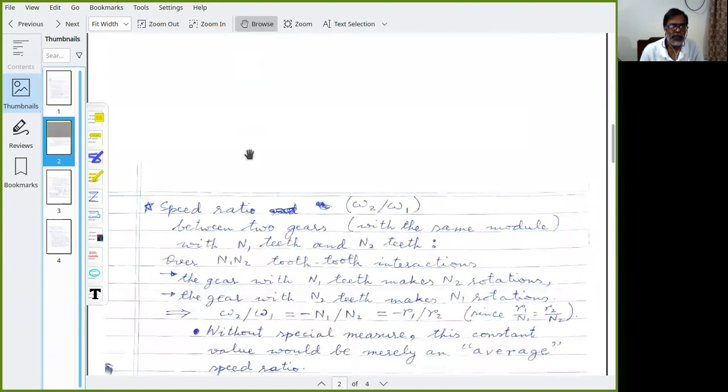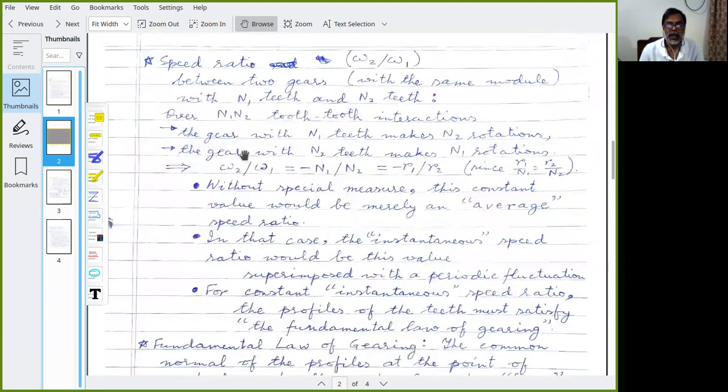To continue. Now, a pair of gears is basically to transmit motion from one shaft to the other. One of the gears is mounted on one shaft, the other gear is mounted on the other shaft, and motion from the driver is transmitted to the driven.